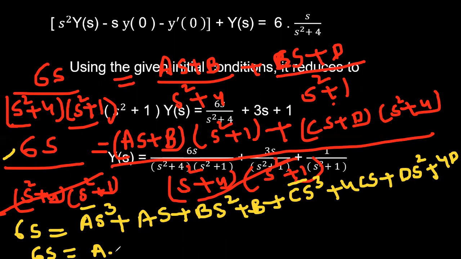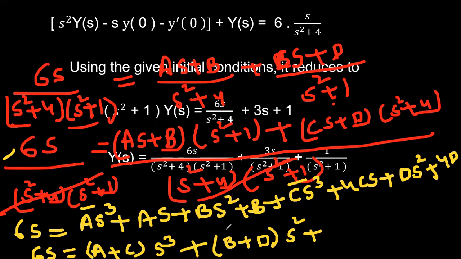We have two s cubed terms, so take the s cubed term as common here: s cubed into A plus C. So you have to take only the s cubed coefficient, that is A plus C into s cubed. Next, the s squared coefficients, that is B plus D into s squared. Next, the s coefficient, that is A plus 4C, into s. And finally the constant term, that is B plus 4D.